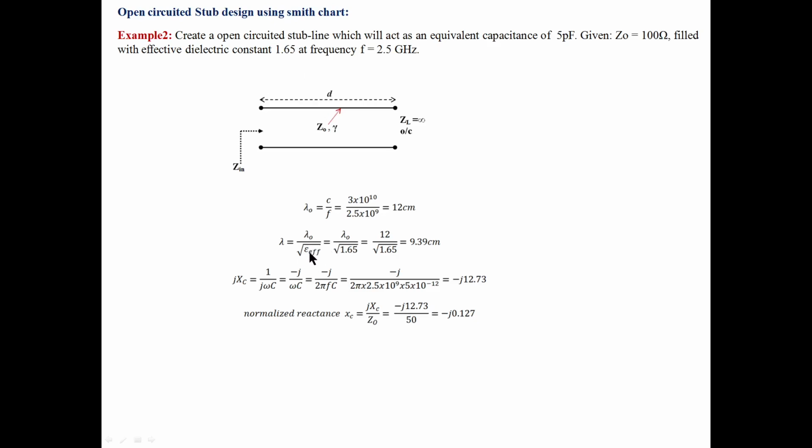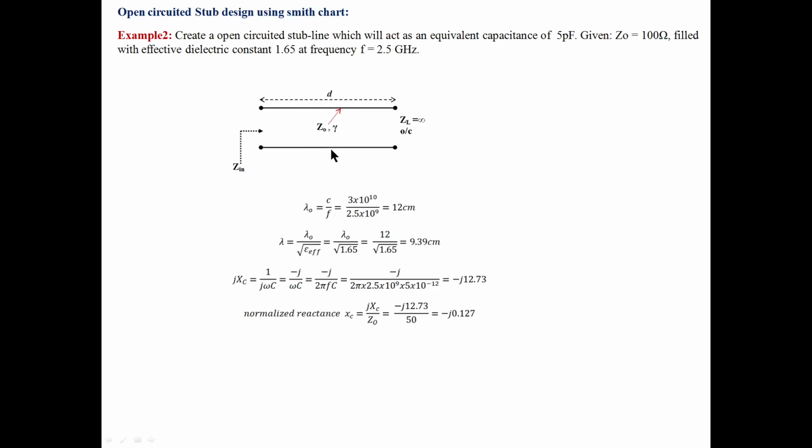If it is air, effective permittivity becomes 1 and lambda equals lambda naught, but here it is given 1.65. So lambda naught divided by square root of effective permittivity gives the lambda in the transmission line.